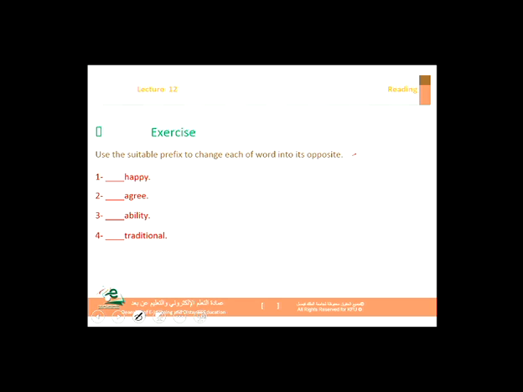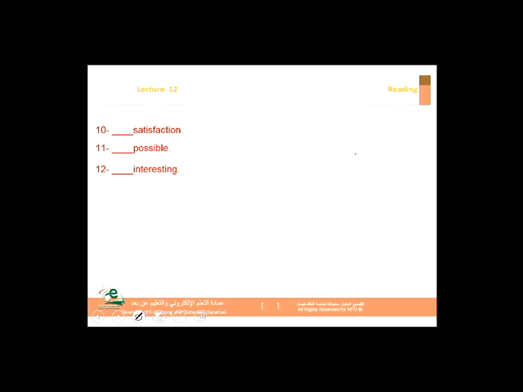So happy, agree, ability, traditional, secure, able, important, frequent, comfortable, satisfaction, possible, interesting. Now try to read those words again and add prefixes to give the opposite meaning. So I would recommend you pause the video, do the exercise, and then check your answers with me.